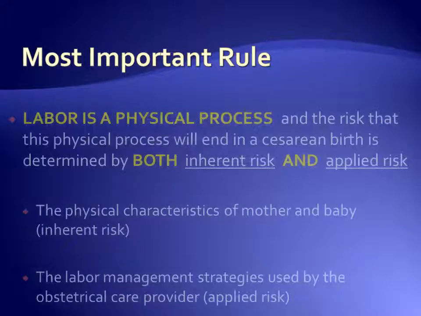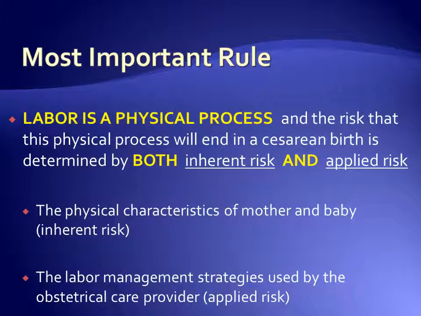The most important rule when creating a cesarean birth measure is that labor is a physical process, and the risk that this physical process will end in a cesarean birth is determined by both inherent risk and applied risk. Since this is the most important rule, I am going to say it again.